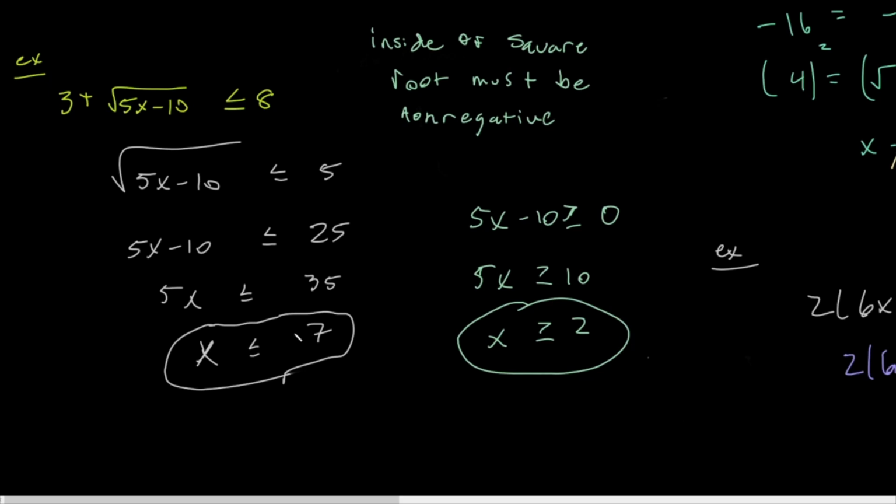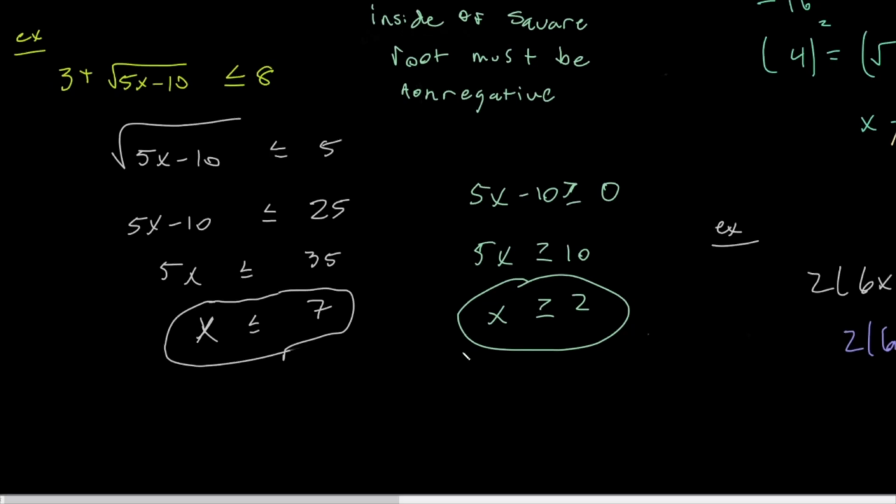So I have two inequalities, one from the plain Jane problem and one from restricting it such that I will never have the square root of a negative number. And so I can just combine these. Let me check something really quick.